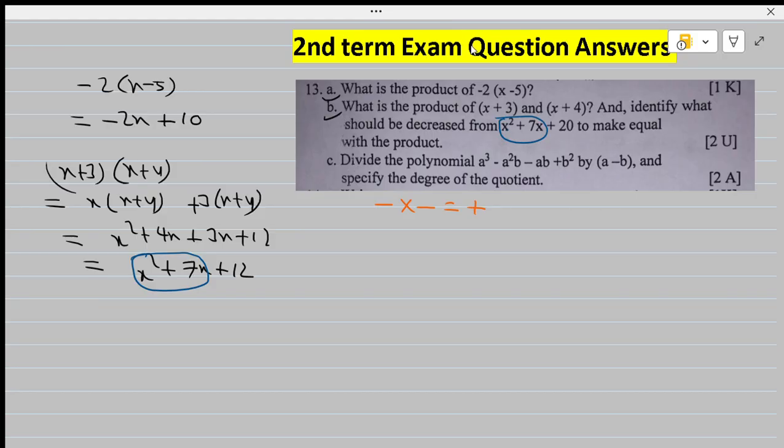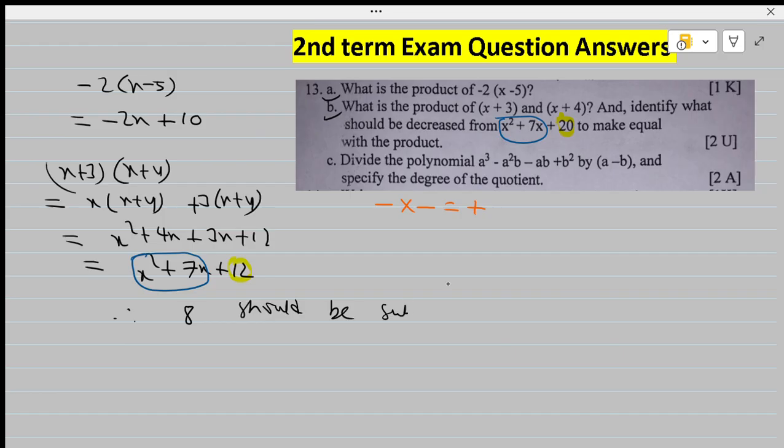We need to think about the 12. How can you bring this 20 to 12 by subtracting some value? What can you subtract from 20 so that it becomes 12? That is 8. So you can say 8 should be subtracted from x squared plus 7x plus 20 to get the product.